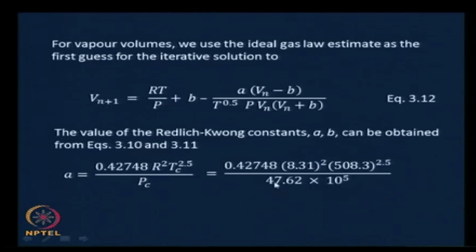If you substitute the values 0.42748, 8.31 for R, 508.3 for Tc, the critical temperature, and 47.62 times 10^5 for Pc, it turns out to be 36.11. The unit of A is Pascal meter cubed per mole, the whole squared.